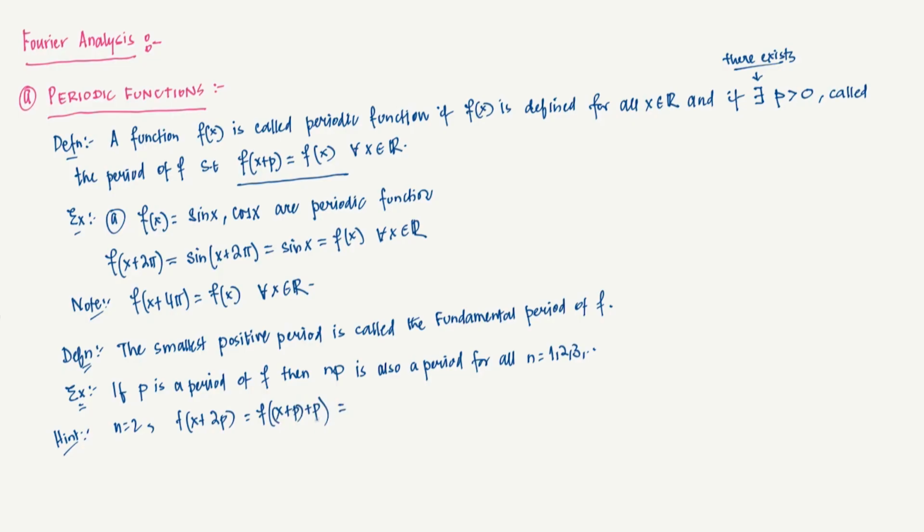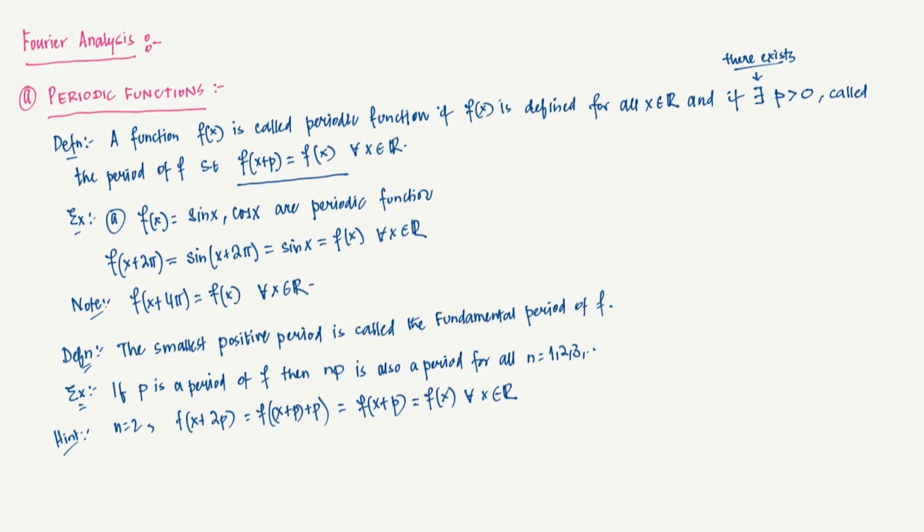Since it is of period p, x plus p acts as the new x here, so it will be f of x plus p, which again becomes f of x, for all x in R. Hence you can also show that this is true for any n in a similar manner.